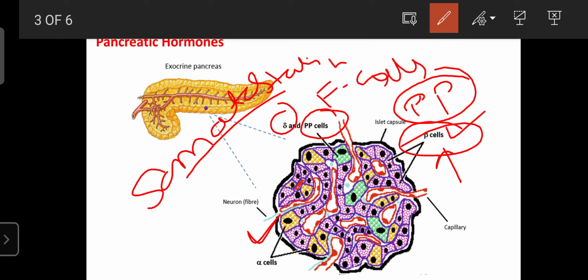So like that, the pancreatic gland mainly consists of 4 types of cells: alpha cells secrete the glucagon, which helps to increase the blood sugar level; beta cells secrete the insulin, which helps to decrease the blood sugar level; delta cells secrete the somatostatin, which can inhibit the release of glucagon as well as insulin; and the PP cells secrete the pancreatic polypeptide, which regulates the GIT motility as well as the functions of the alpha cells and the beta cells.